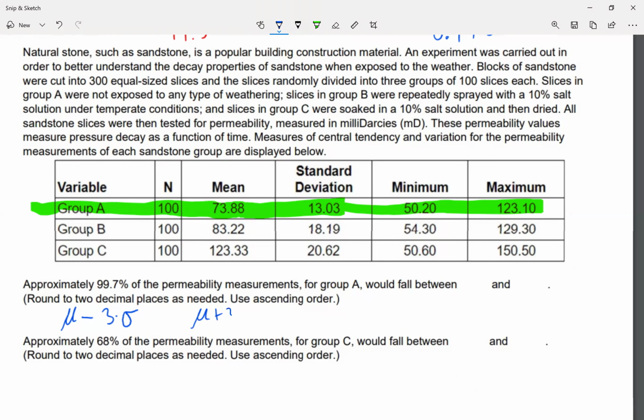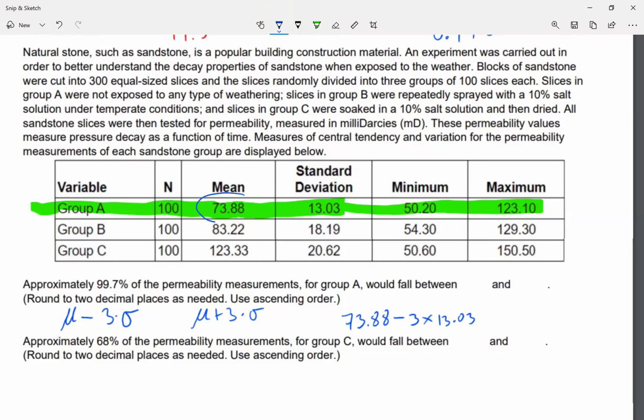So you guys might be wondering, how do I do this? The first number, I'm going to do 73.88, because that's the mean, minus 3 times 13.03.